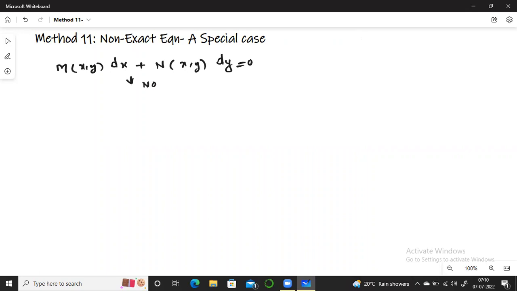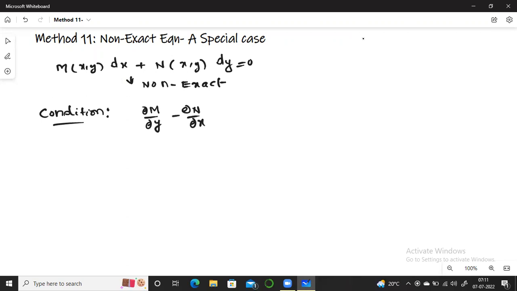In this case, one condition should be satisfied: (∂M/∂y minus ∂N/∂x) over N should be a function in terms of x only.